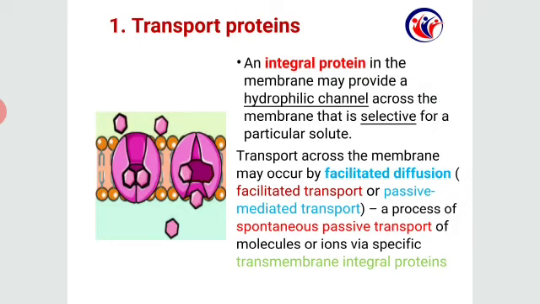But not all materials cross into the cell or out of the cell by facilitated diffusion or simple diffusion. Some require energy to be involved. So there must be another type of protein that will require energy to allow it to pump ions across.